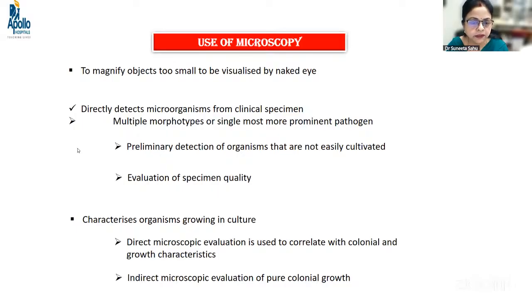We can evaluate the specimen quality, and direct microscopy evaluation is used to correlate with colonial and growth characteristics. Once we get the growth characteristics tomorrow, the growth of the organisms can be compared with the gram stain which was done today. Now, indirect microscopic evaluation of the pure colonial growth can also be correlated.